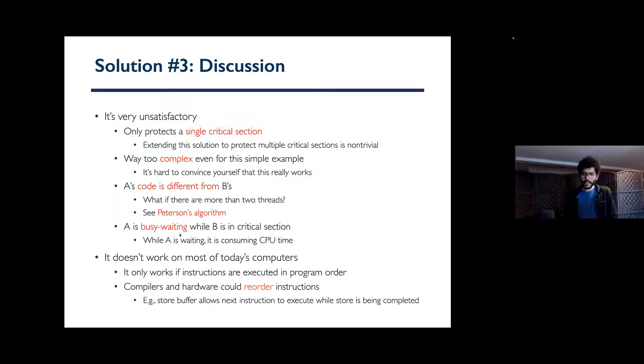And finally, unfortunately, I don't have time to talk about the third one, so we'll have to talk about it on Thursday. In fact, in new systems, this code actually doesn't work. The reason is, for it to work, we need all the instructions to happen in the sequence specified in the program.